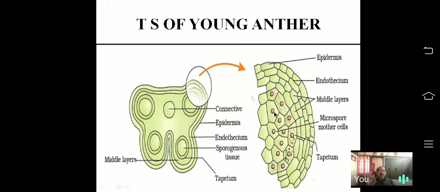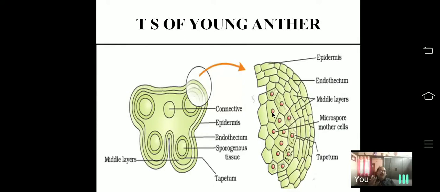Gradually, these pollen mother cells undergo meiotic cell division or reductional cell division. By reductional cell division, when this sporogenous cell divides, it produces four haploid cells.